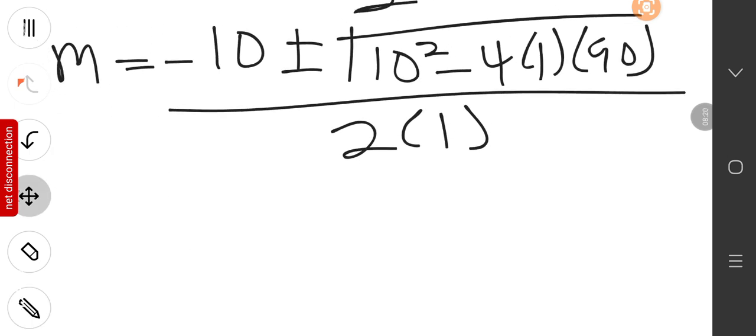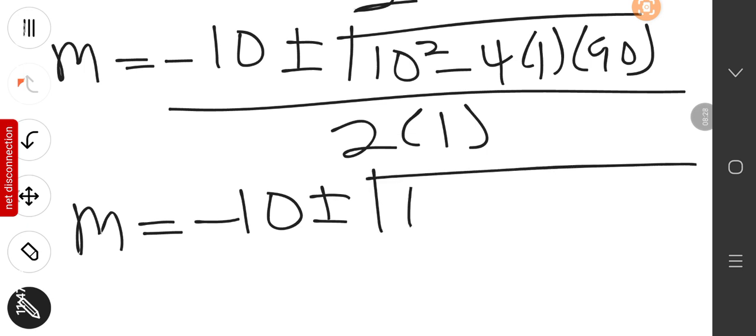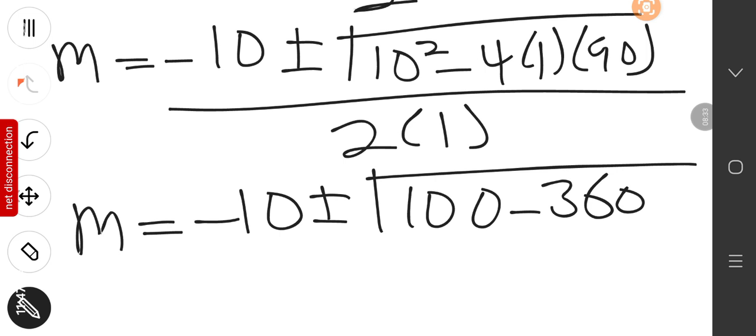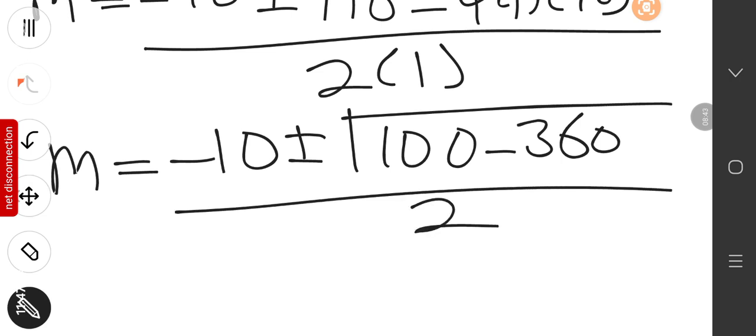So our equation becomes m equals minus 10 plus or minus the square root of 100 minus, 4 times 1 times 90 is 360, all over 2.